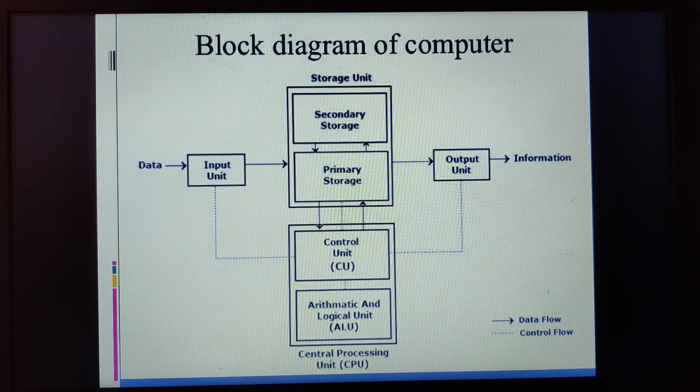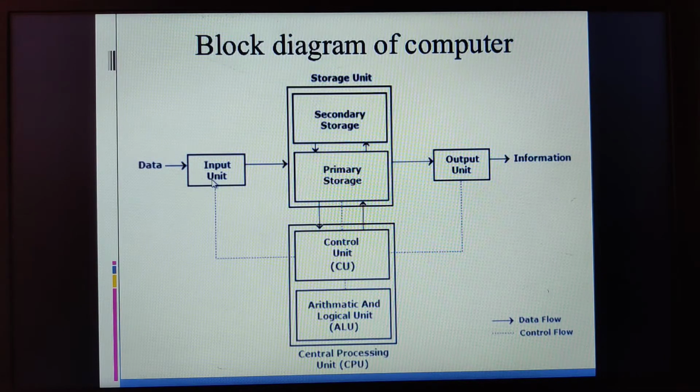Before I start the detailed explanation, I would just like to give a summary of how exactly this computer system would function. Usually the user or the programmer will provide data or instructions through the input unit, so that the computer accepts that input.